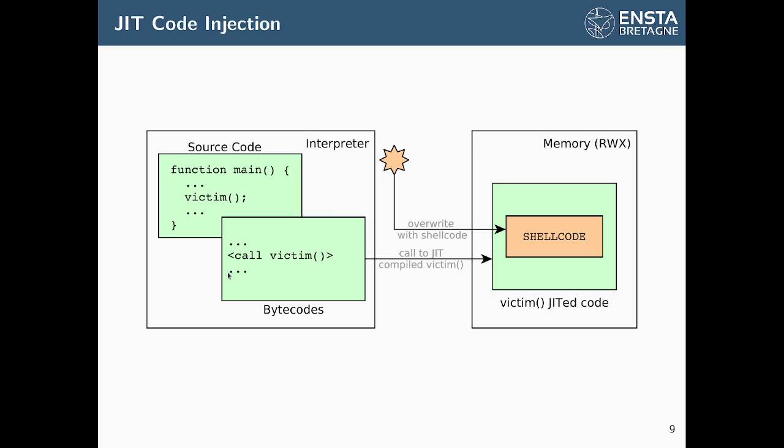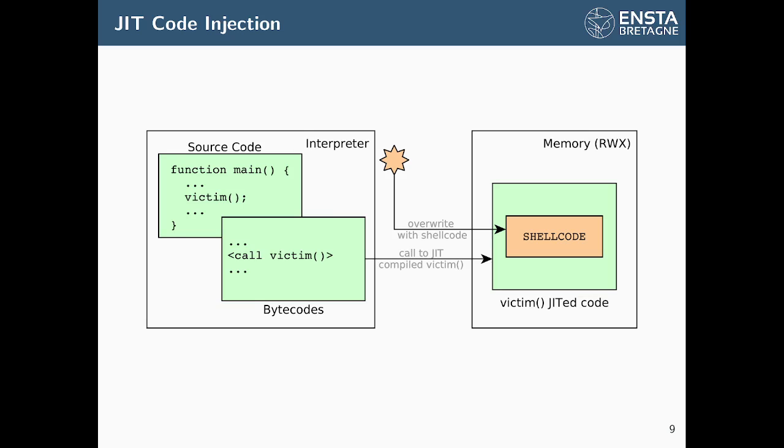And the attacker knows that this function will be called several times or will be JIT compiled at least somewhere in memory. And this memory will have all privileges, so read, write, execute. And the attacker can simply overwrite the machine code equivalent of the victim method in memory with his shellcode. In the security domain, shellcode is the code that an attacker would like to execute on the victim machine.